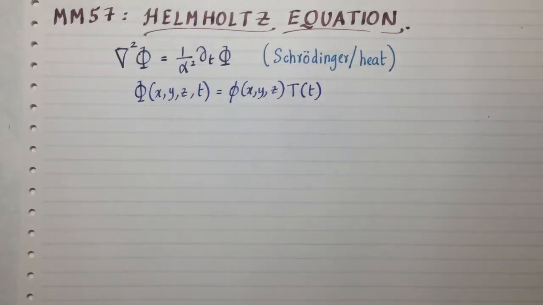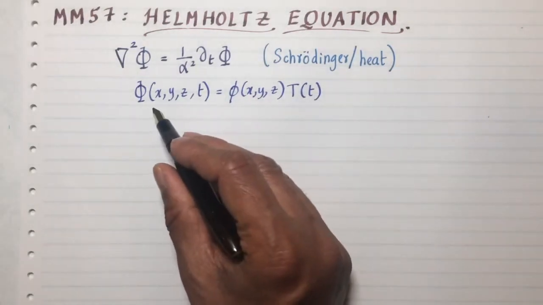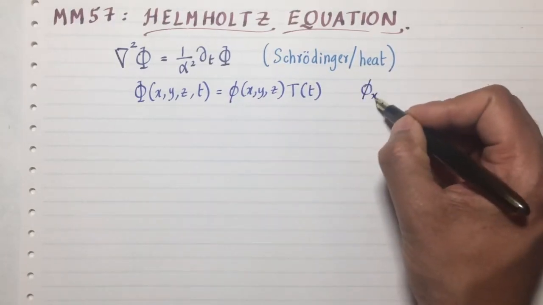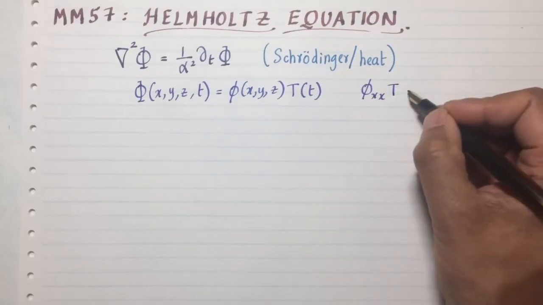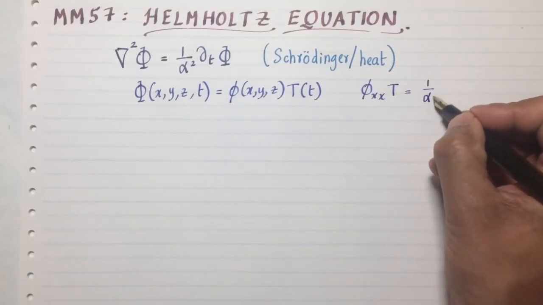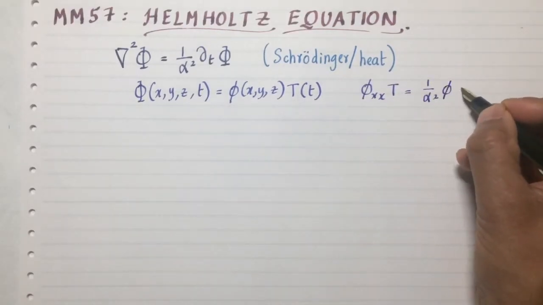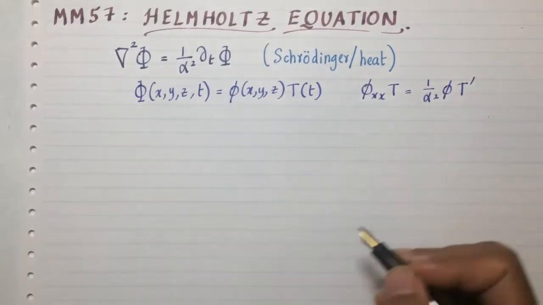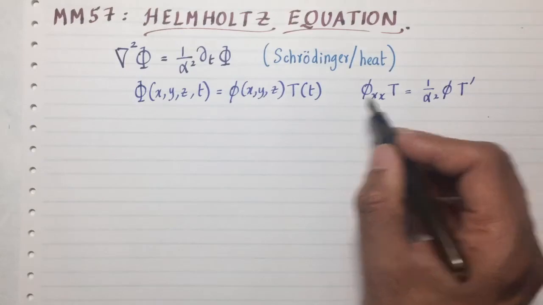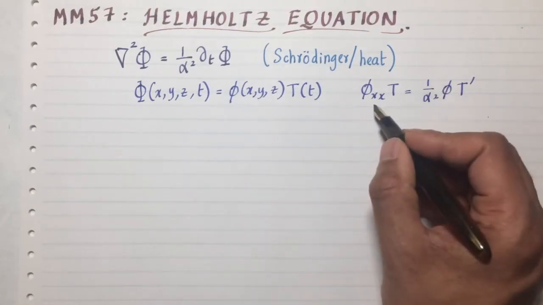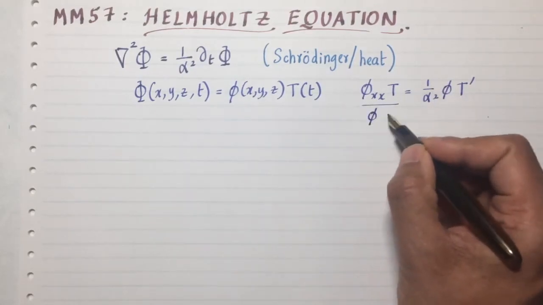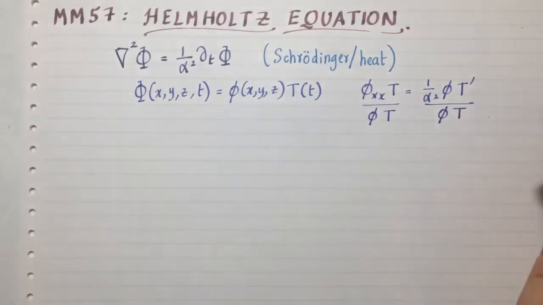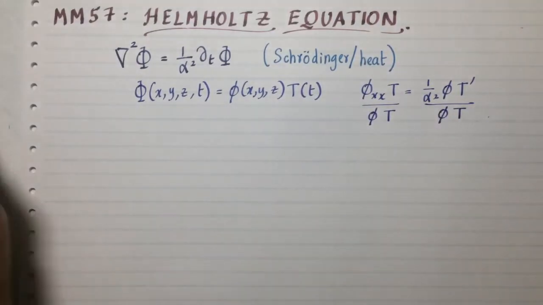Then separating variables as usual, when I take the second derivative, I'm going to get phi xx times T equals 1 over alpha squared, and here I'll just get phi times T prime. Now I'm going to divide both of these by little phi times capital T. That's the process known as separation of variables.